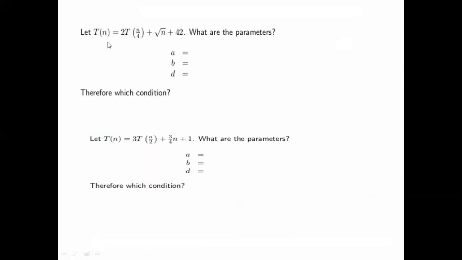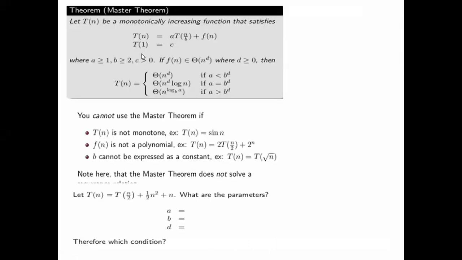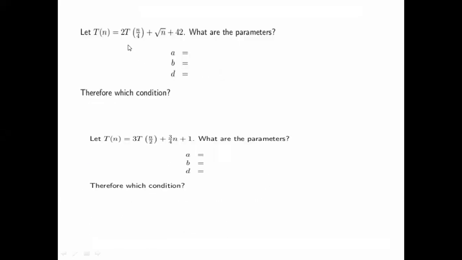So next example, see here, T of n equal to 2T of n by 4 plus root n plus 42. What is the a value, the b value and the d value? Generally the form in the slides is a into T of n by b plus function. By using that formula, a value is 2, b value is 4.